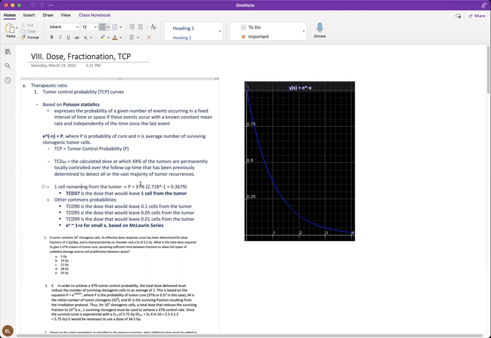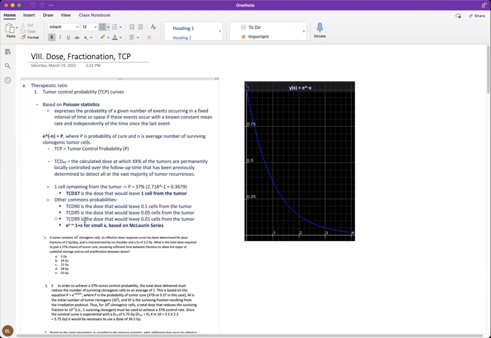So the TCD37 is the dose that would leave 1 cell of the tumor. Other examples: TCD90 is the dose that would leave 0.1 cells from the tumor. TCD95 is a dose that would leave 0.05 cells from the tumor. TCD99 is a dose that would leave 0.01 cells from the tumor.